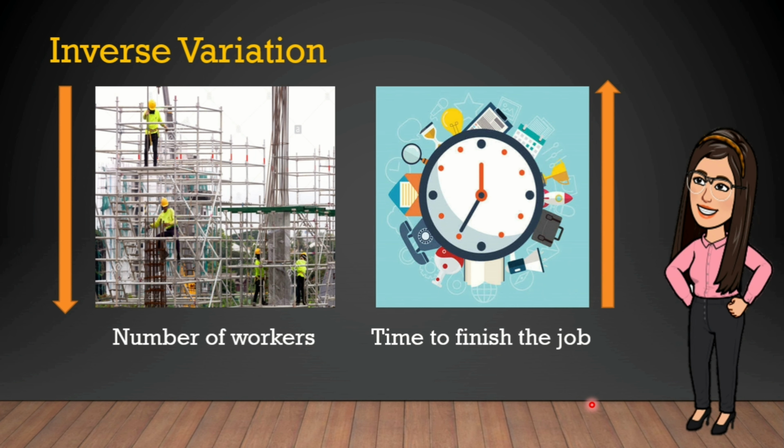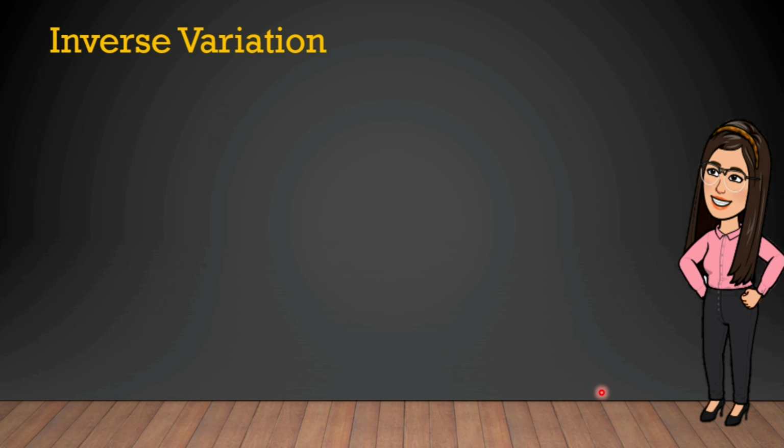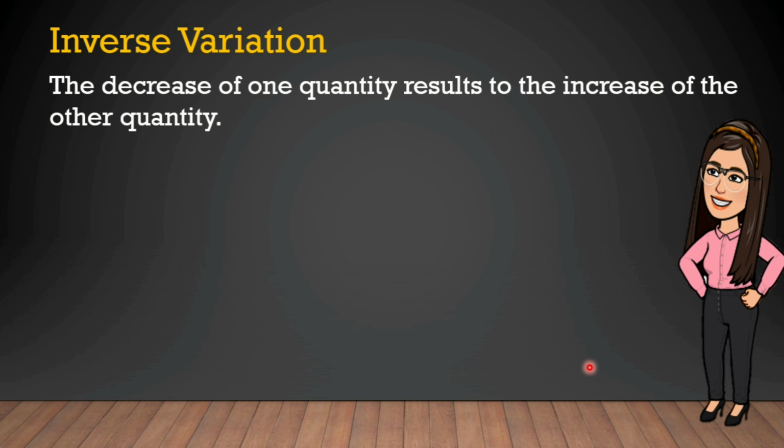So, ano nga ba ang inverse variation at anong pinagkaiba nito kanina doon sa direct variation? Based from the example, inverse variation involve two quantities na kung saan kapag nag-decrease o bumaba ang isang quantity, mag-i-increase o tataas naman ang isang quantity.